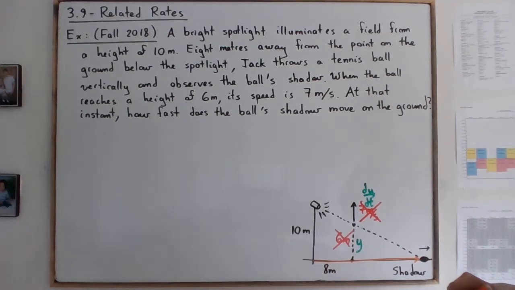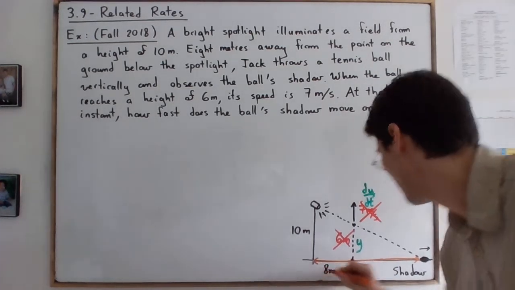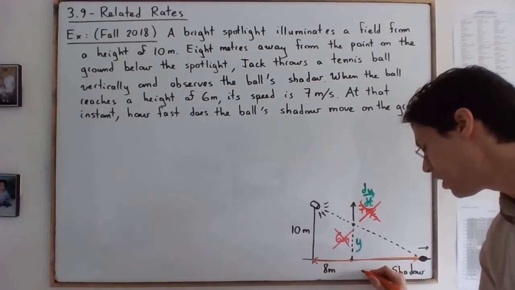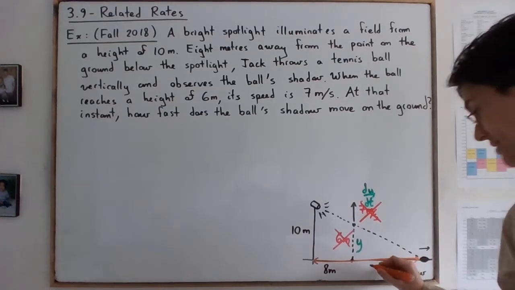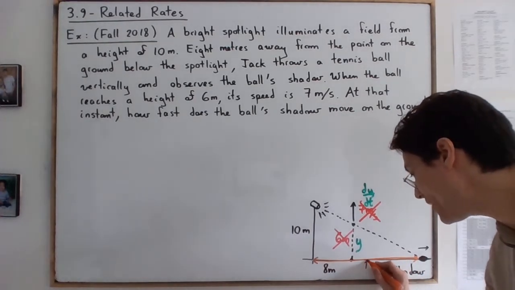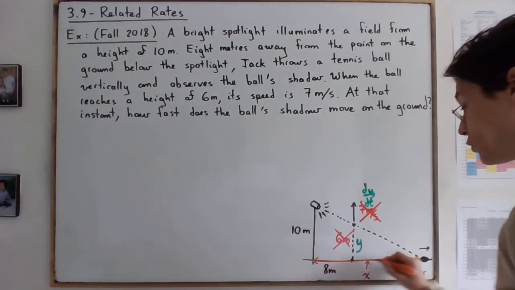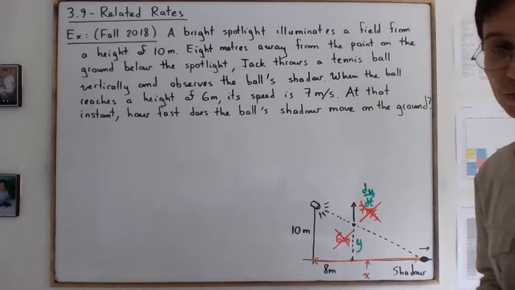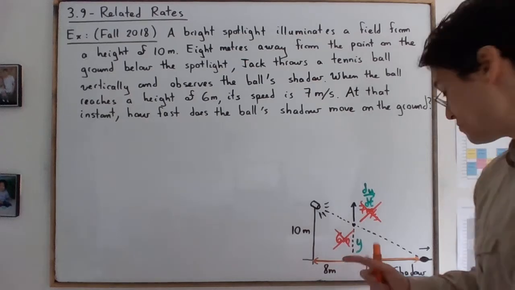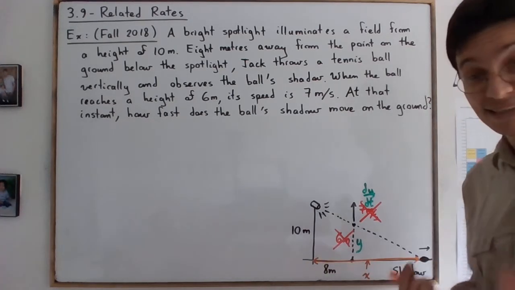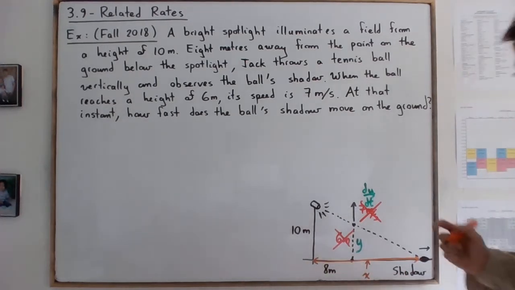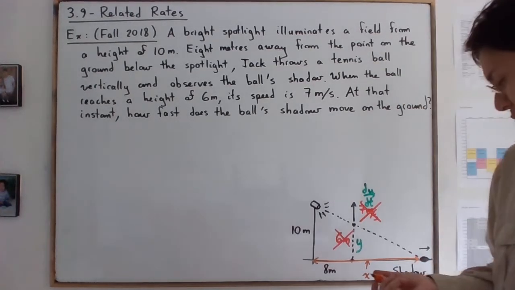What you have to realize is that you could also pick this small length over here. It would work as well. But to be safe, I prefer x to be the full distance.